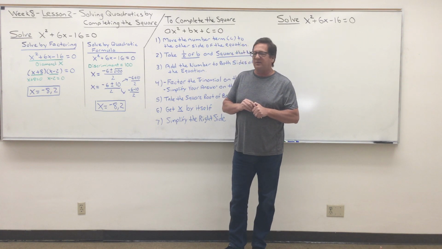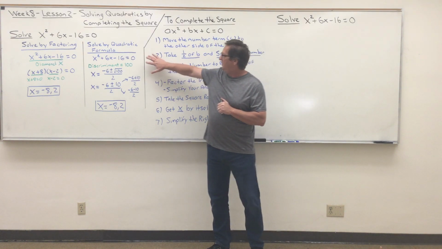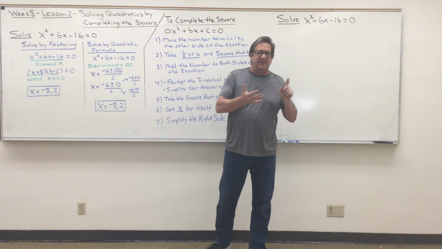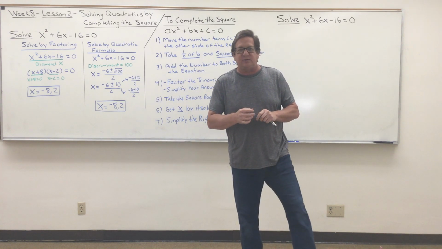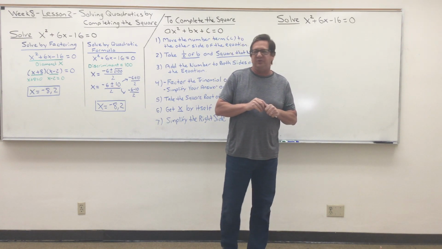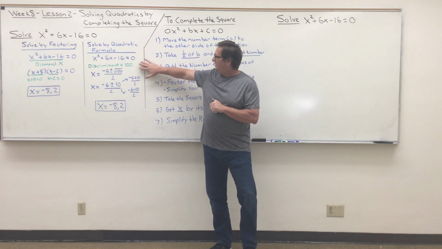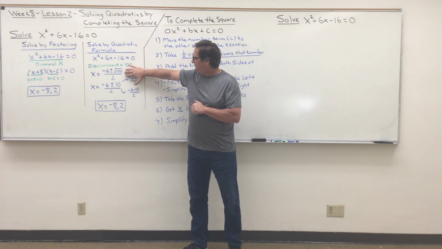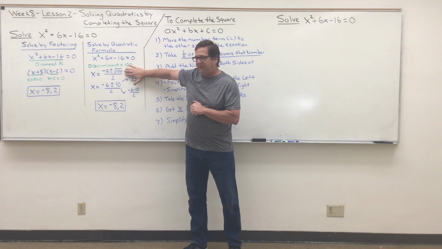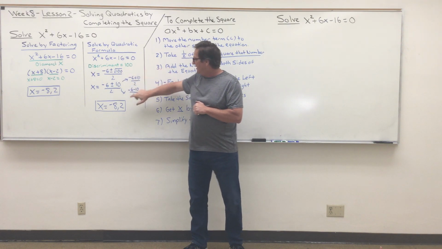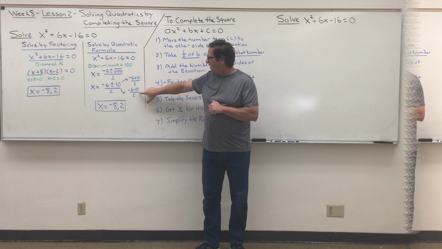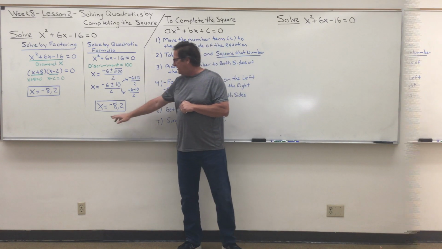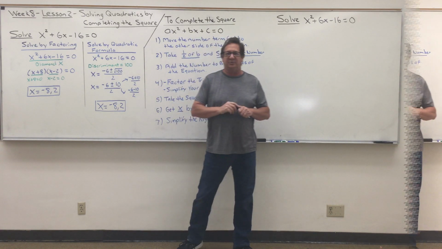On solving by the quadratic formula, we did our x equals negative b plus or minus square root of b squared minus 4ac all over 2a. I taught you guys how to do the discriminants. We plugged in. We found the square root of 100 was 10. We did one with the plus and one with the minus, and our final answers were negative 8 and 2.